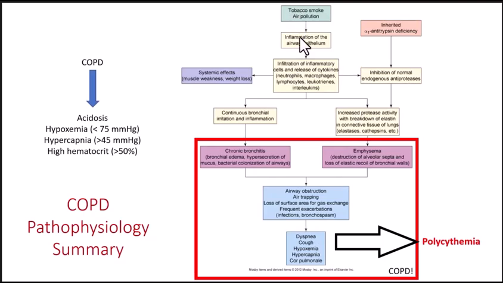Now, from what we've already talked about, we know that these irritants can end up inhibiting normal endogenous antiproteases produced within the body. And the antiprotease that we spoke about is the alpha-1 antitrypsin.